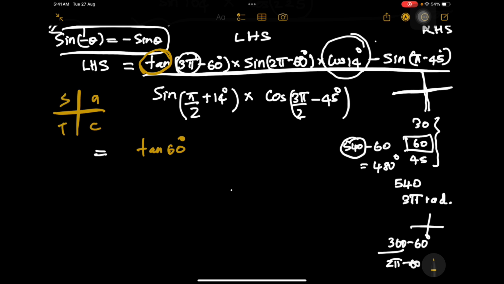So 540 minus 60: 540 is at this point, because this is 180, then 360, and again this is 540. This is the place we can denote 540, and 540 minus 60 means somewhere here. So it's going to be minus tan 60, because only sine values are plus in the second quadrant of the circle. So it's going to be a minus value, and sine 2 pi minus 60 is going to be sine again, sine 60.